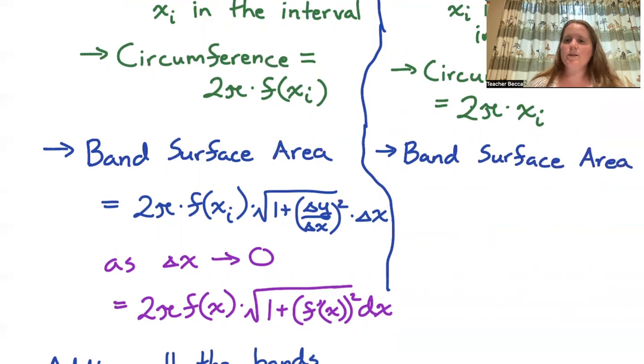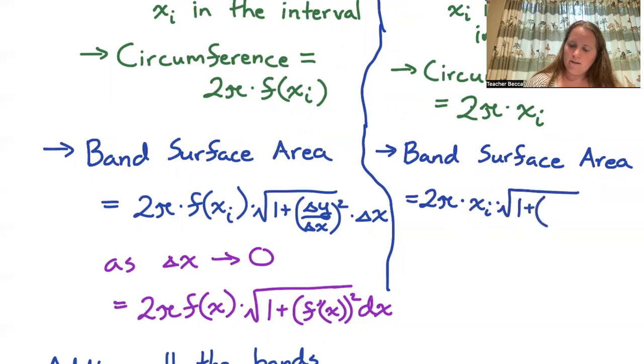So for our band surface area, we get almost the same formula as for rotation about the x-axis, but this time it's xi instead of f of xi. So this surface area is 2 pi times xi times the square root of 1 plus (delta y over delta x) squared times delta x.